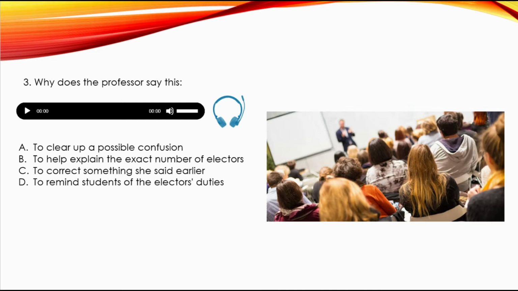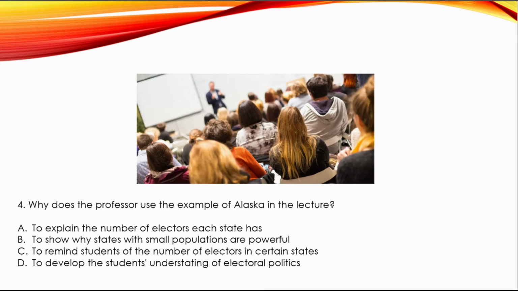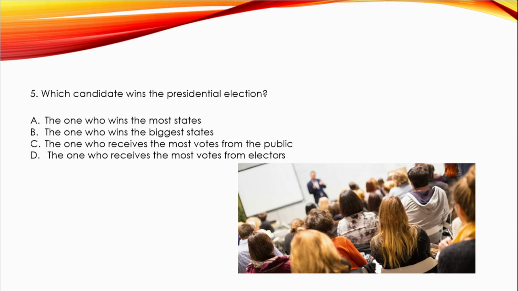The senators and representatives are not the same people as the electors. 4. Why does the professor use the example of Alaska in the lecture? 5. Which candidate wins the presidential election?